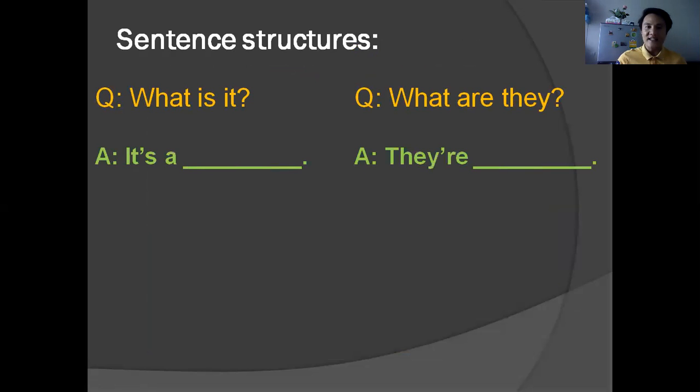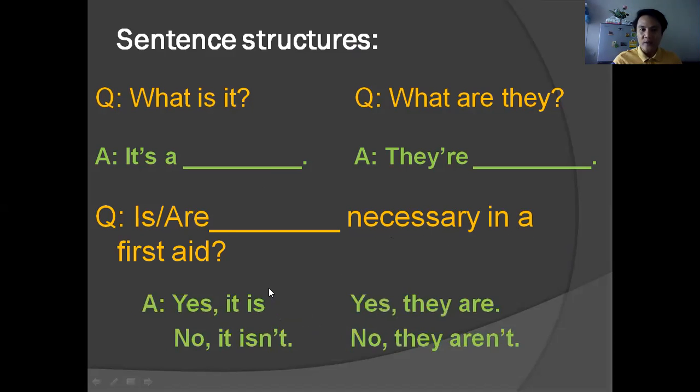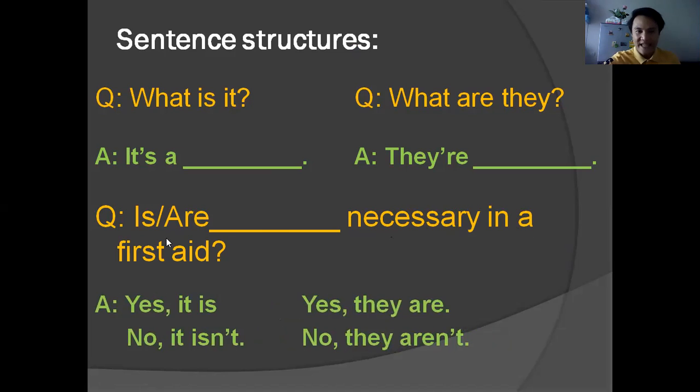So next structure is is or are. Again, is for one. Are is used for two or more things. Is blank necessary in a first aid, or are blank necessary in a first aid? The answer will be, if it is yes, yes it is. If it's no, no it isn't.